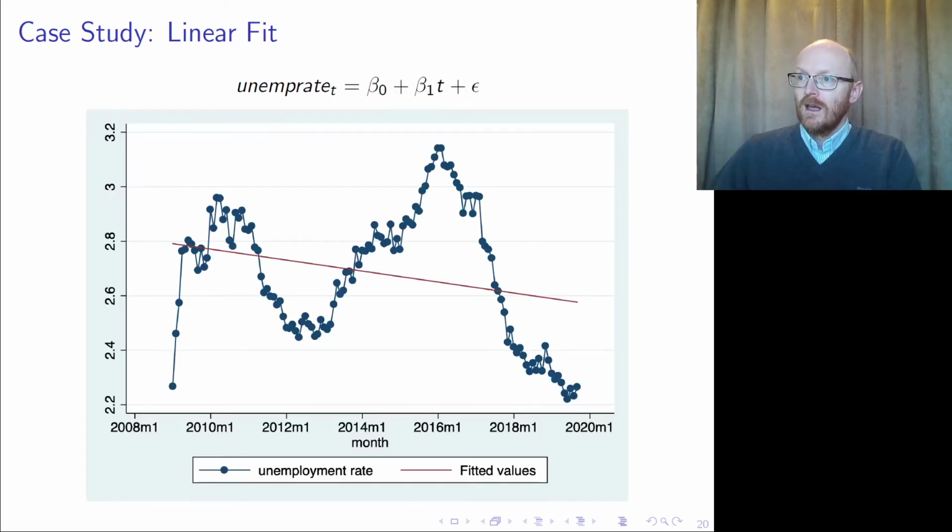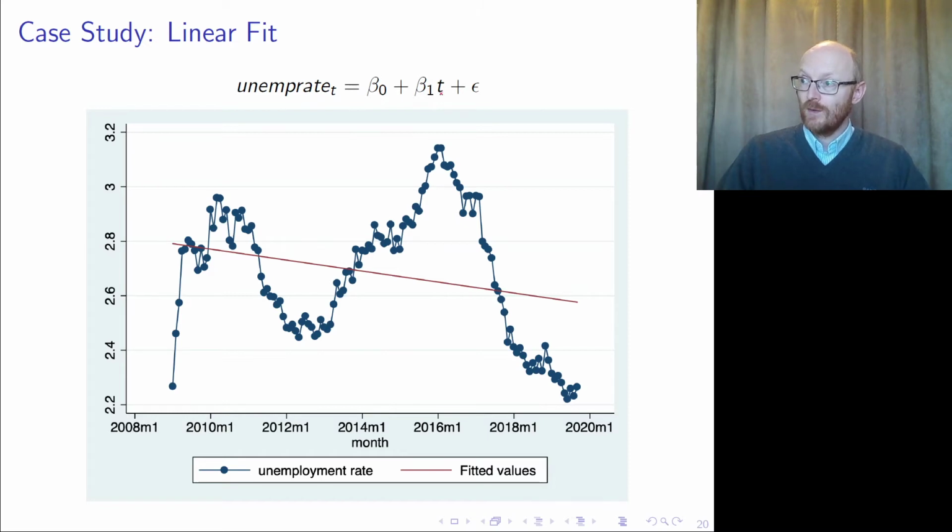So let's see how we can make a linear fit of the unemployment rate. The population regression is just unemployment rate at time t equals the intercept plus beta 1 times t.